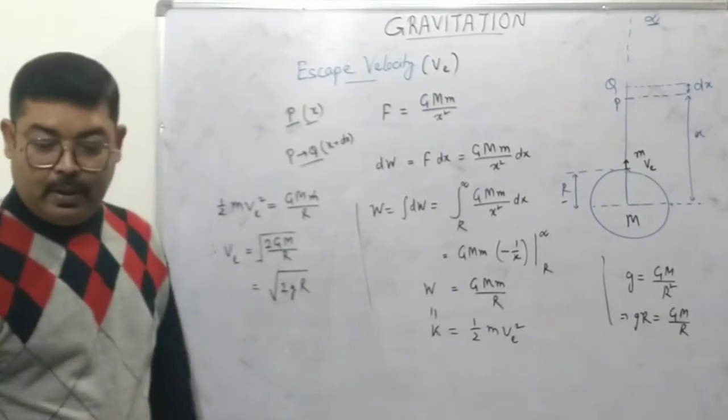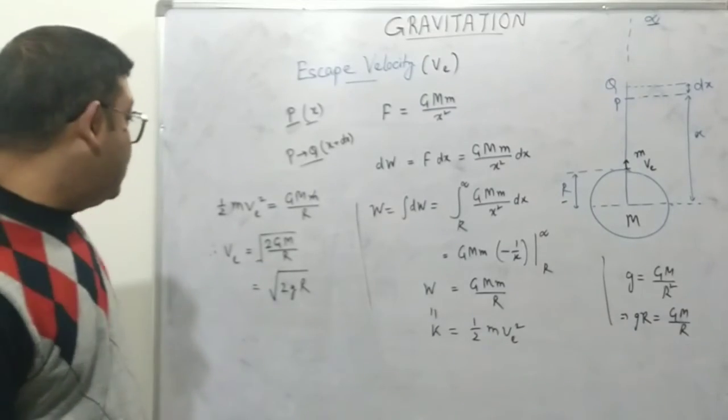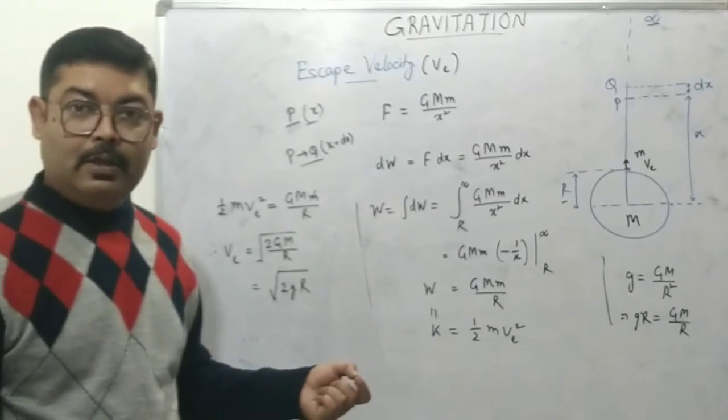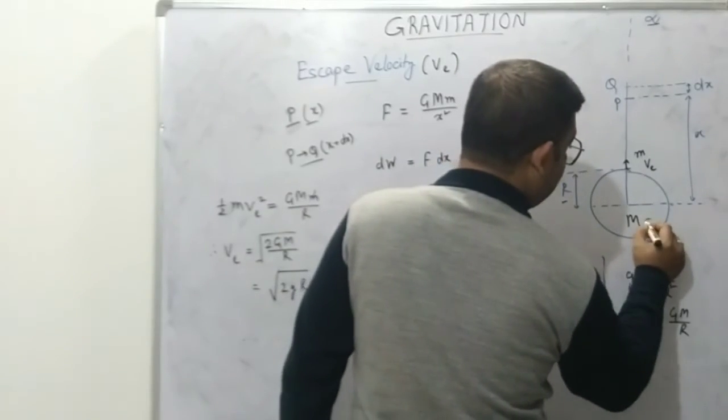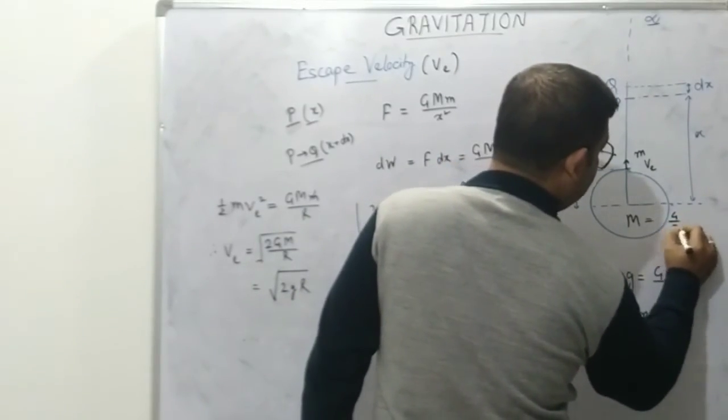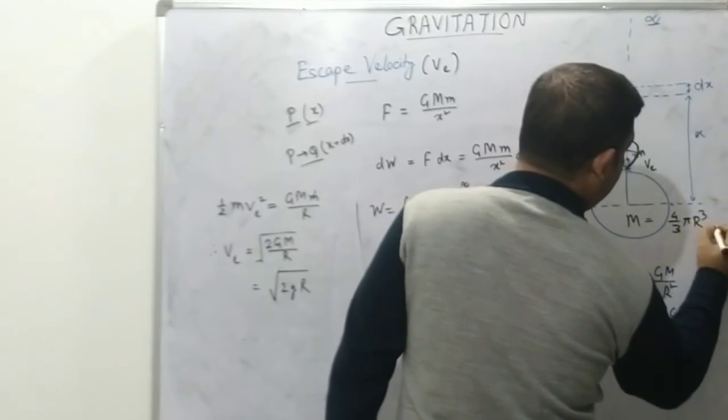And also, if we try to express it in terms of the average density of Earth or of the planet and the radius, then M will be equal to 4 by 3 pi r cube into rho.